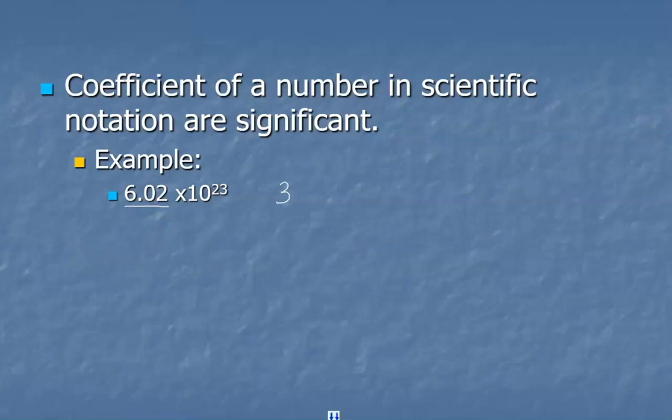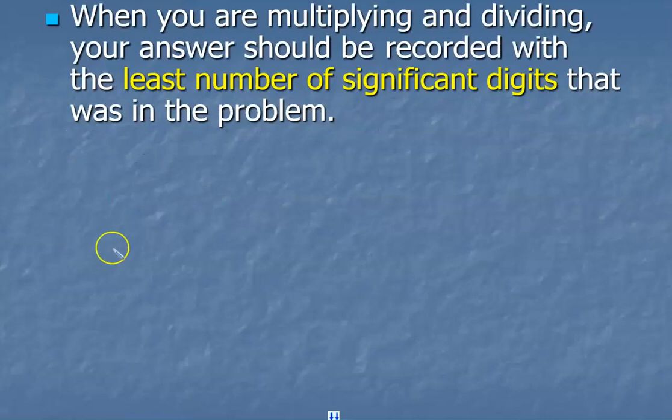All right. So now what are we going to do with that? Well, once you can identify how many significant digits something has, then we're going to either be multiplying or dividing, or we're going to be adding and subtracting. So there's 2 different rules. When we are multiplying and dividing, sometimes our answer comes out really, really large in our calculator.